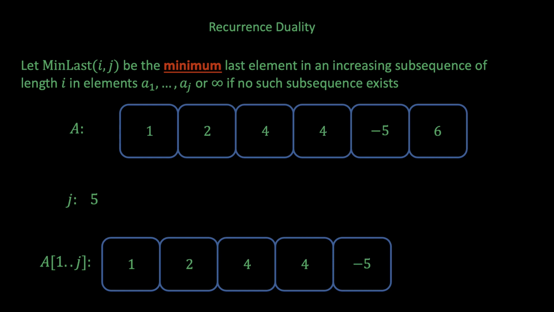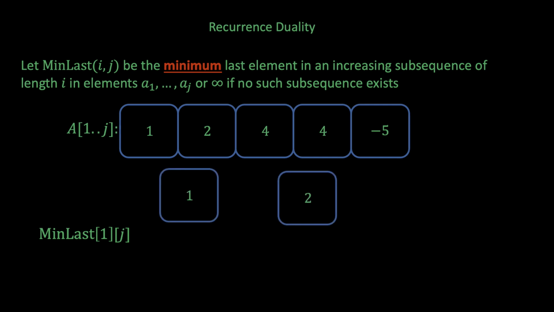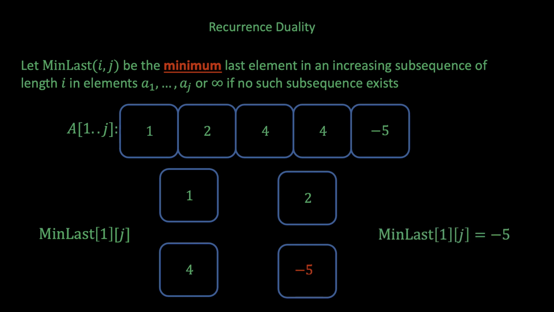To calculate min last 1,j, we consider all possible increasing subsequences of length 1 in A1 to j. There are 4 such subsequences, which are 1, 2, 4, and -5. The one with the minimum last element is -5, and so minimum last 1,j is -5.